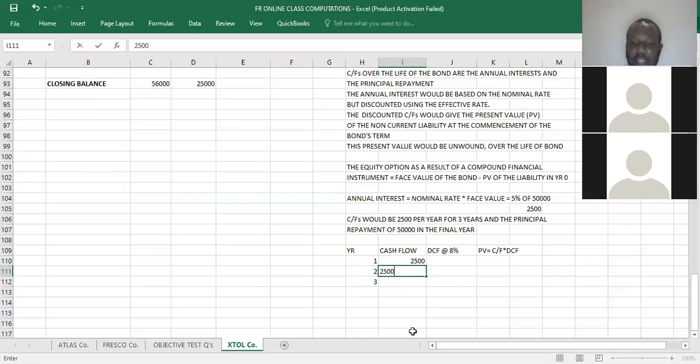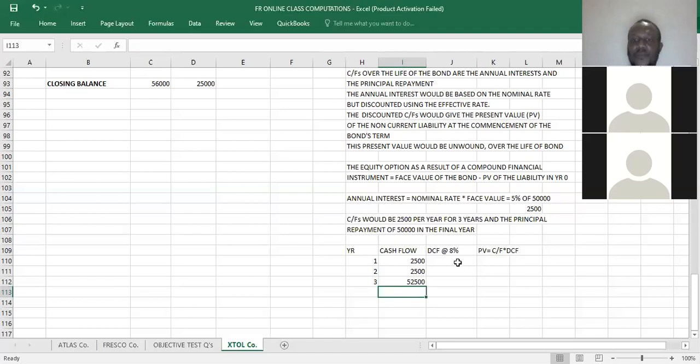In the final year, you have 50,000 plus 2,500. Because in the final year, you have both interest and principal. Do you get that? So if you see 52,500 somewhere, it doesn't make any sense. That's why I've given you all the story so that you can appreciate what's going to happen. So our final year would have both the interest for that year and the principal repayment. Do you get that? Yes.